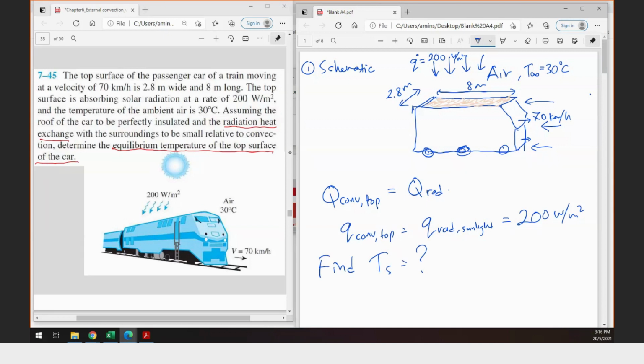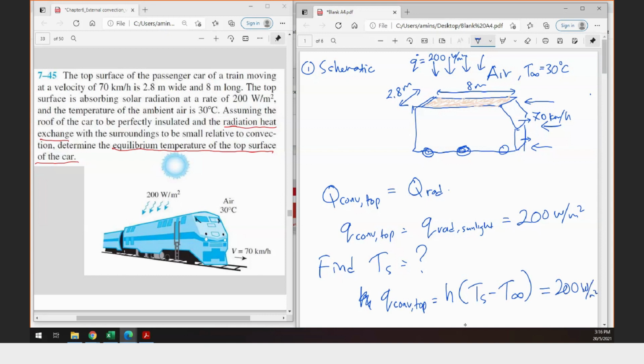How to find the TS? You know this value, Q convection top. Q convection at the top equals H times TS minus T surrounding, right? TS minus T surrounding, and this equals 200 watt per meter squared.